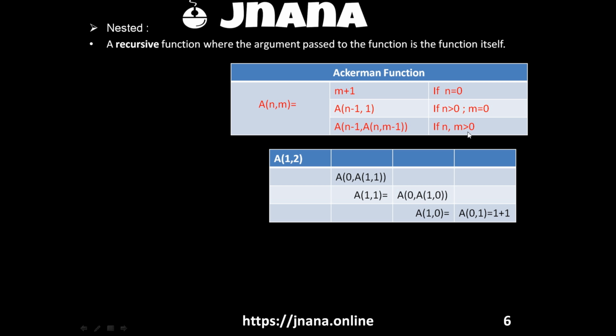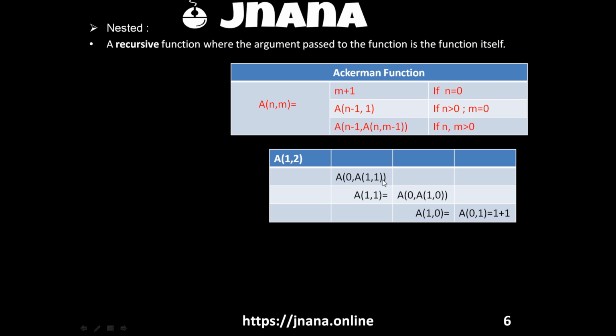So that falls in this third category. So we are calling a of n minus 1, n is 1, n minus 1 is 0, a of 0, comma, a of n comma m minus 1. N is 1, a of 1, m minus 1, m is 2, m minus 1 is 1. So a of 0, comma, a of 1 comma 1.